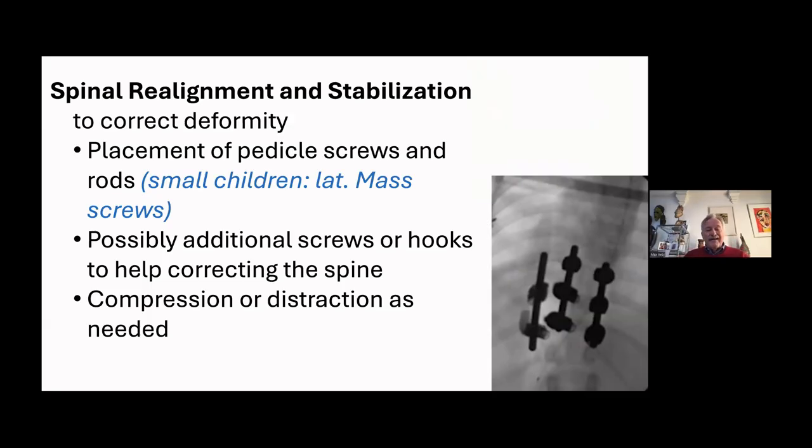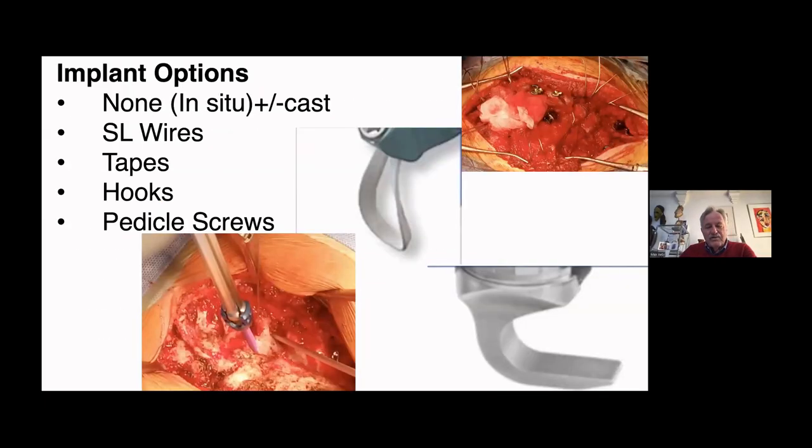In very small children, you can use lateral mass screws from the cervical spine system when you don't have a pediatric spine system. You may use additional hooks or screws just to unload the major fixation when you do the correction. So you can distribute the force on different implants, and therefore you may prevent the loosening out of the screws before you even finish the surgery.